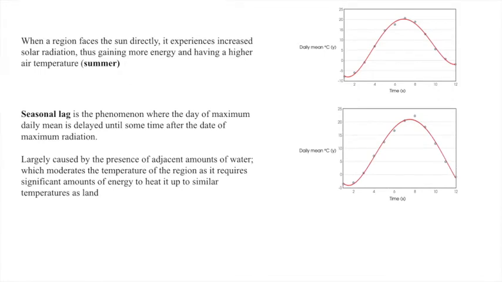However, we know that because seasonal lag is omnipresent within the world, it is defined as the phenomenon where the day of the maximum daily mean is delayed until sometime after the date of maximum radiation.